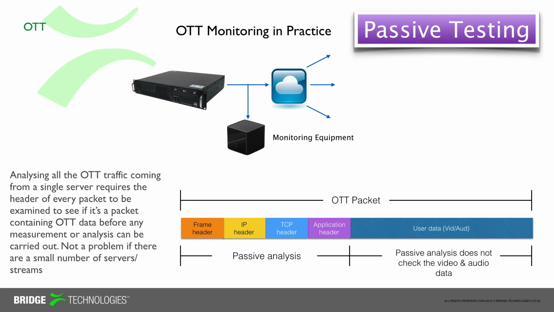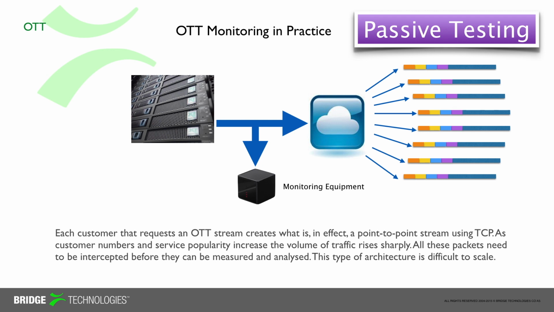But as the data starts to increase, as you increase the number of streams, then the work that the server, the probe, needs to do increases, and it increases sort of exponentially in a way. So the first problem we have with passive testing is it doesn't really scale that well. And in the strictest sense, passive testing doesn't test the user data itself. So it's looking for traffic, but unless you do something else, it's not actually looking at the video and audio.